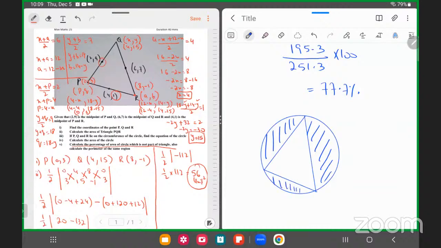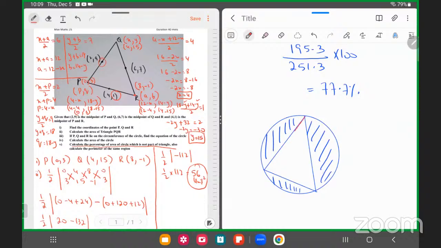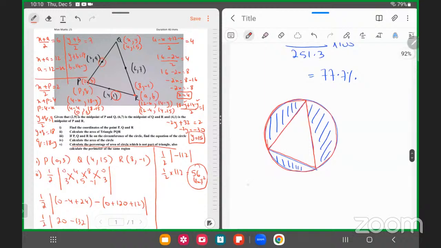So we need the perimeter of this region, which I'm coloring with red. I need the perimeter of this region, and this region. So basically, I need the circumference plus the perimeter of the triangle.